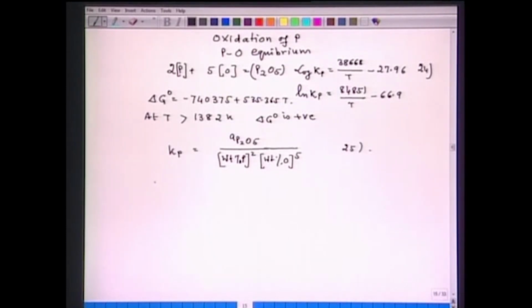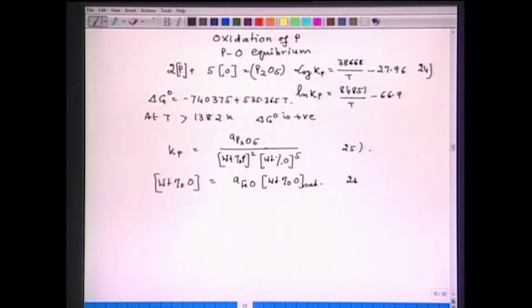Now, we also know that weight percent O is equal to activity of FeO into weight percent O saturated.